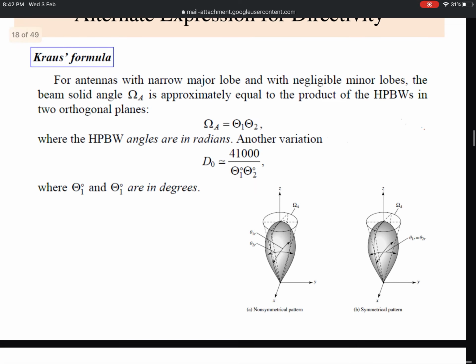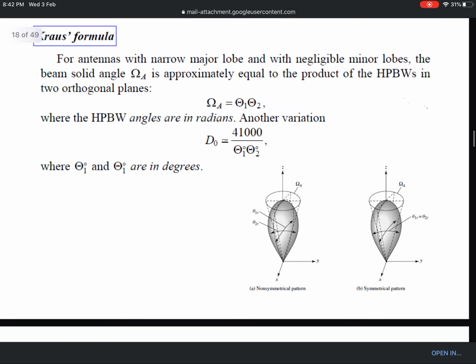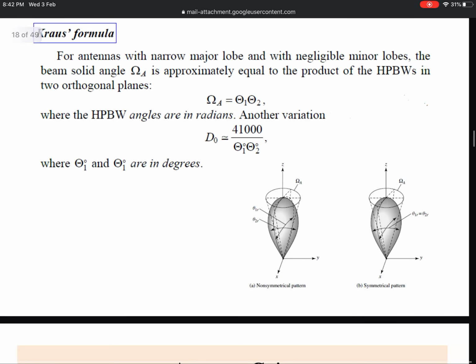For that we have to see the Kraus formula, and it is very simple. After drawing the radiation pattern, you have to take the half power beamwidth in two orthogonal planes. In this figure, A and B, there are half power beamwidths I have taken. One is theta 1 degree, the other theta 2 degree.